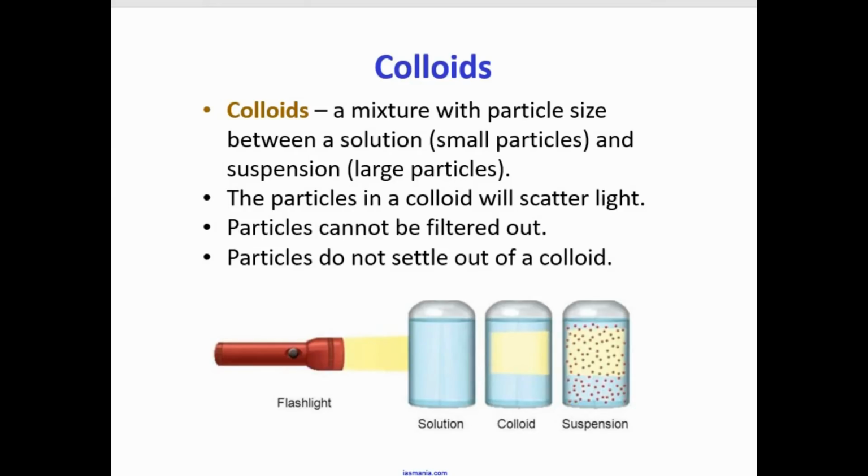Another type of mixture is what we call a colloid. A colloid is a mixture with the particle size someplace between a solution, those very small particles, and a suspension that has relatively large particles. Now, the particles in a colloid will usually scatter light, but they cannot be filtered out and they do not settle out. Now, even if you have not heard the term colloid, we have colloids all around us. Colloids have a phase.